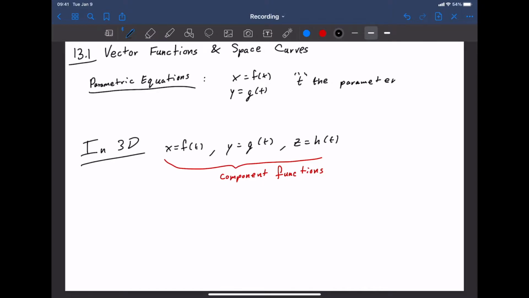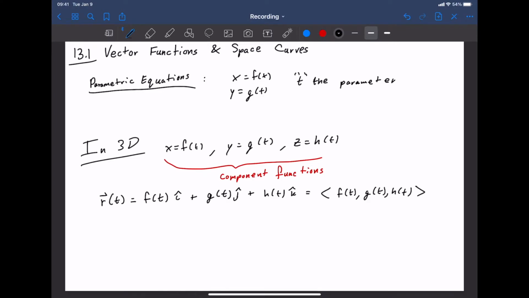And then r of t, notice I'm using vector notation, f of t in the i direction plus g of t in the j direction plus h of t in the k direction, or simply written in component notation, f of t, g of t, h of t, would be called the vector function.